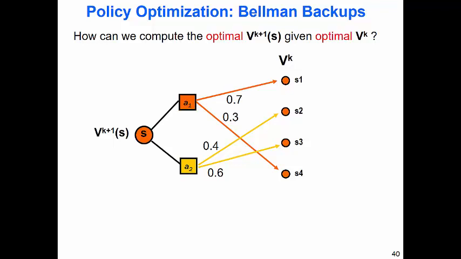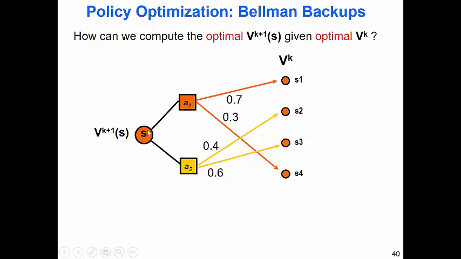So a Bellman backup can be thought of as follows. Suppose that we know the values of all the states when there's k time steps to go, right? And this is kind of a valid assumption because we know the base case is with 0 time steps to go, and all these values will be 0 then. So now how do we compute the value of k plus 1 steps to go at state S? Well, we can ask ourselves, what would the value be if we were to take action A1?